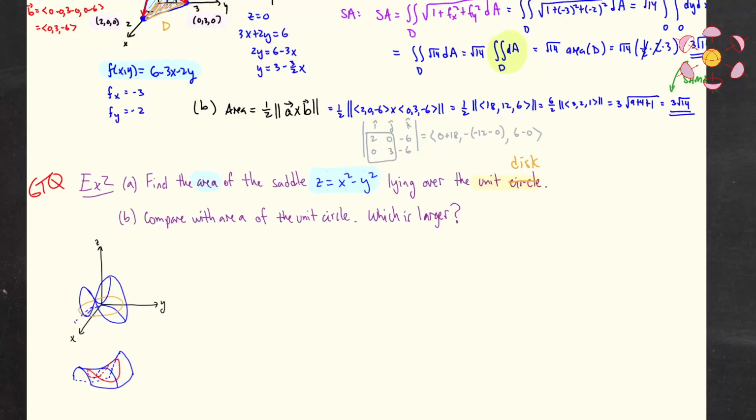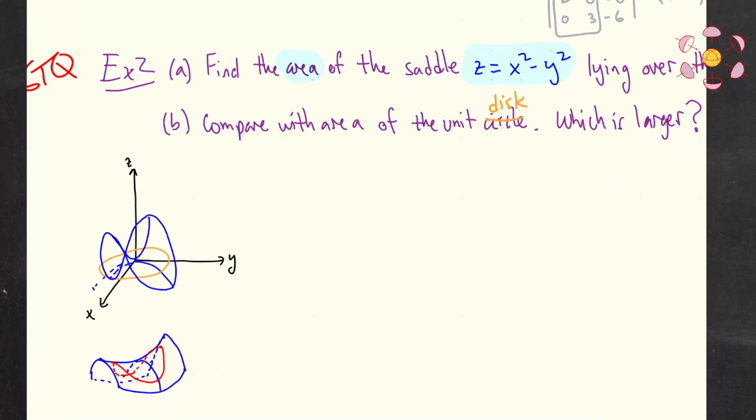Compare that with the area of the unit disk, which is larger. Okay, well, the unit disk, that part's pretty easy. That is just pi r squared, and the radius of the unit disk is 1, so that is pi units squared. So the more interesting part is, well, what is the area of the surface?